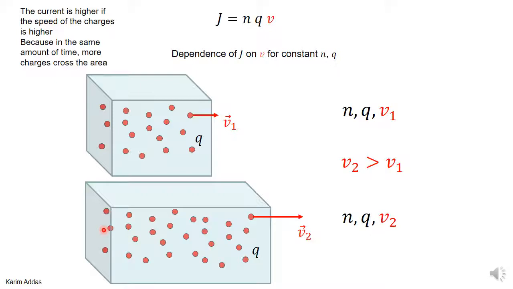Because they're moving faster, many more charges will go through this area in exactly the same amount of time. And in these two cases, small n is the same and q is the same. The only thing different is v. So you can intuitively see why the current depends on the speed of the charges.